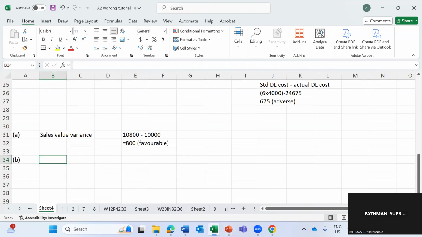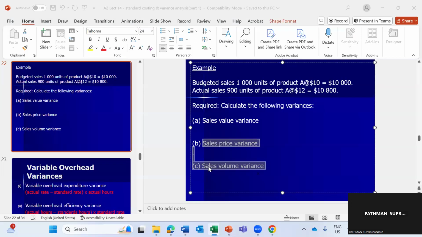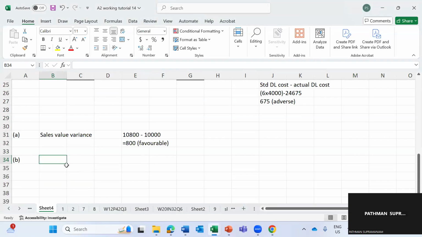Same for material and labor just now. So, sales price variance is standard selling price minus actual selling price times actual quantity sold.